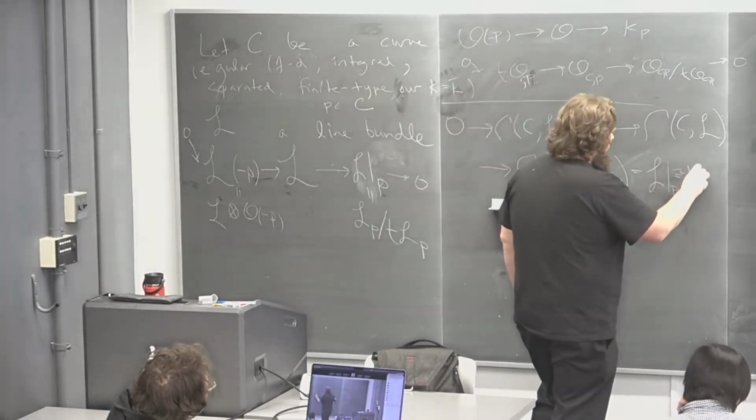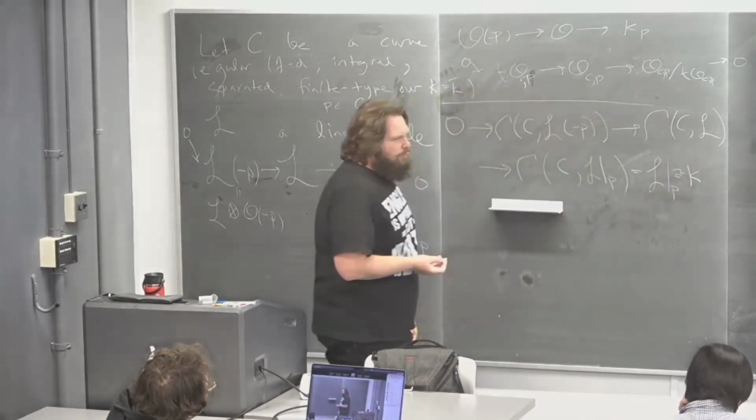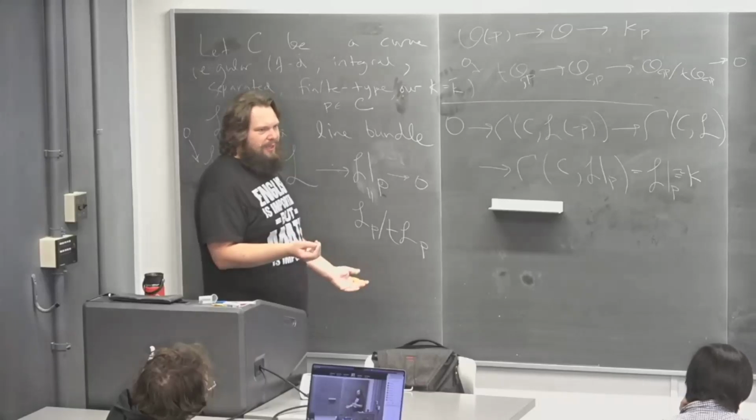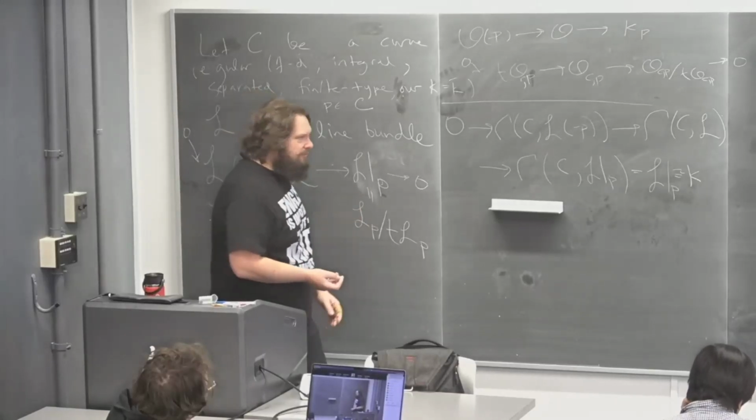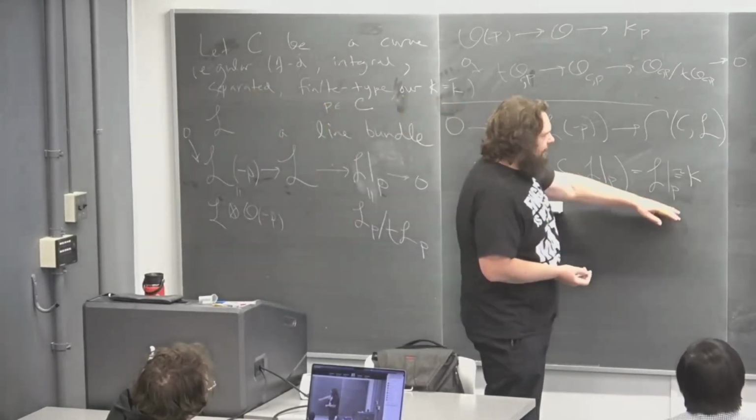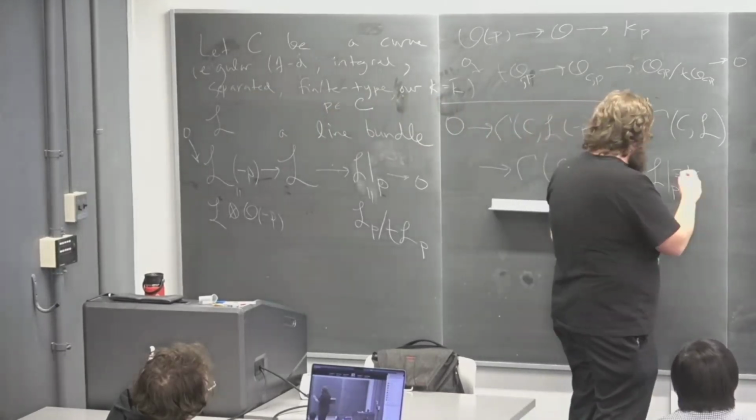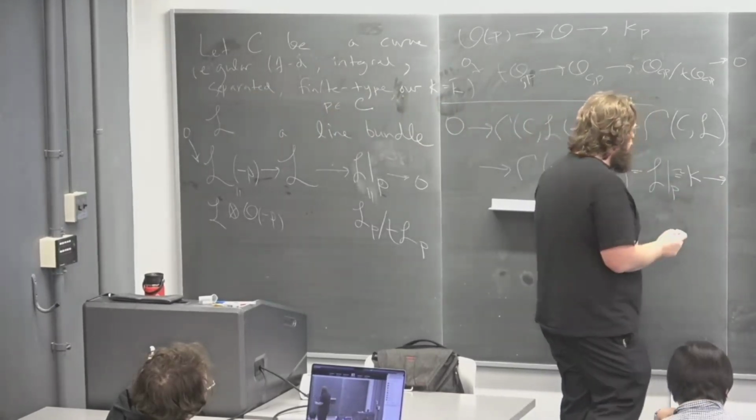So this is isomorphic to the field K itself. This is one of the points where it's helpful that I'm thinking about an algebraically closed field. If I weren't algebraically closed, I would have to worry about points where the residue field was a finite extension.